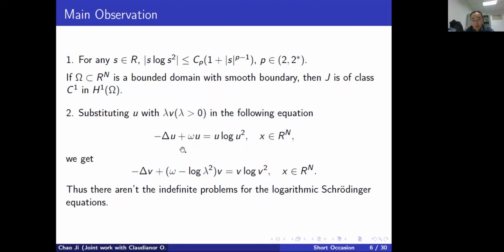The substitution doesn't work. So this kind of problem is meaningful. Some people have solved this problem. Later I'll show you.